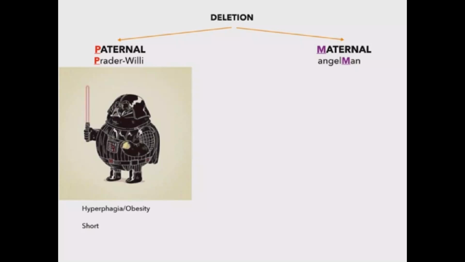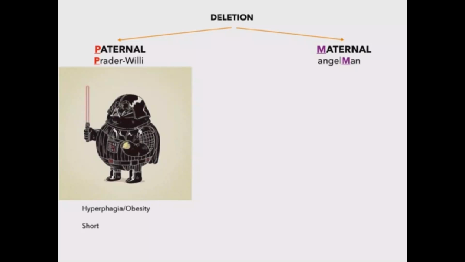These patients get hyperphagia, right? They eat and they won't stop eating, and this leads to obesity. By nature, these patients are just short-statured. In addition, if you want to go the next layer deep, an additional symptom is that they have hypogonadism. So in this picture, if you look at our little Darth Vader-Willi, you can't see any testicles. So it's hypogonadism.